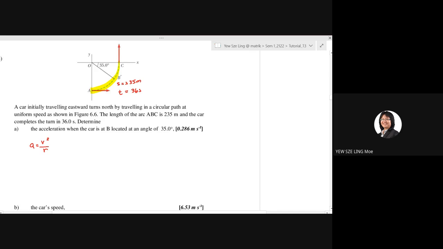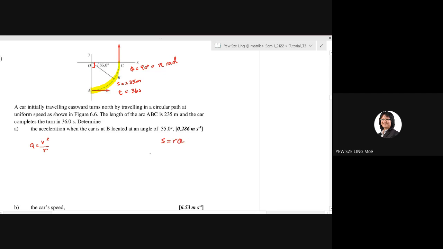Other than S and t, there's one more piece of information. By looking at the diagram, from A to C it gives you 90 degrees, right? So theta is 90 degrees, which is pi over 2 radian. Aha! Now we have enough information to calculate the radius. By looking at theta and S, we know that S equals R theta.